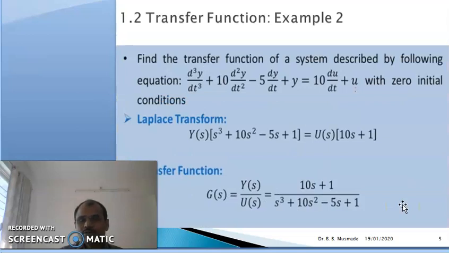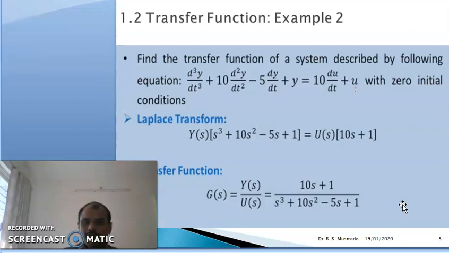Take another example. In this case, the system is described by a differential equation. We have a third order differential equation to describe the dynamics of the system, which is d cube y by dt cube plus 10 d square y by dt square minus 5 dy by dt plus y, which is equal to 10 du by dt plus u.